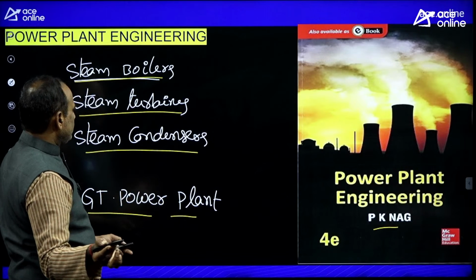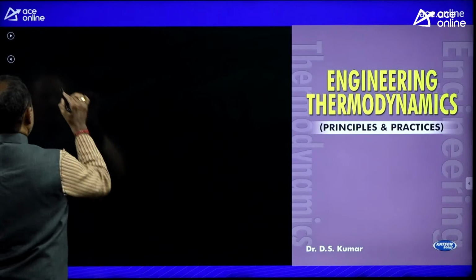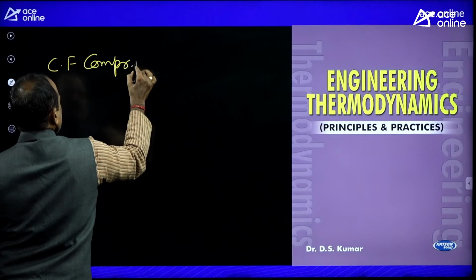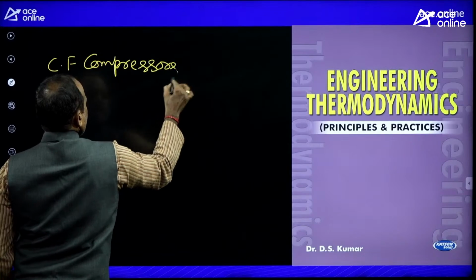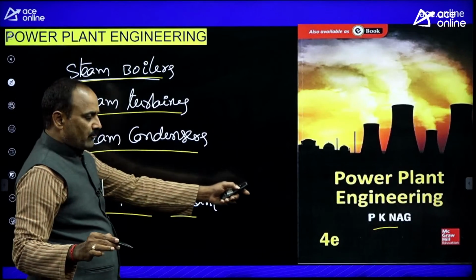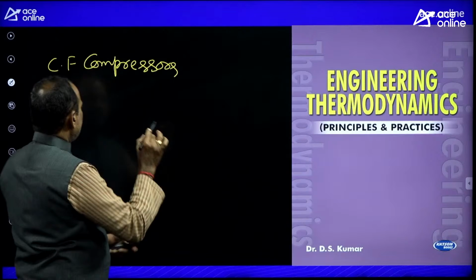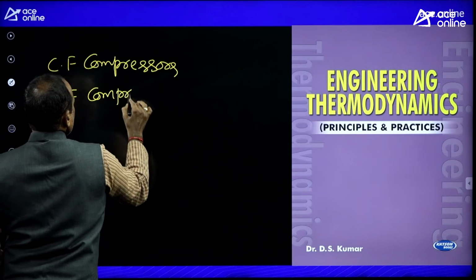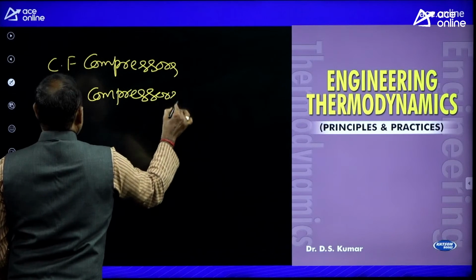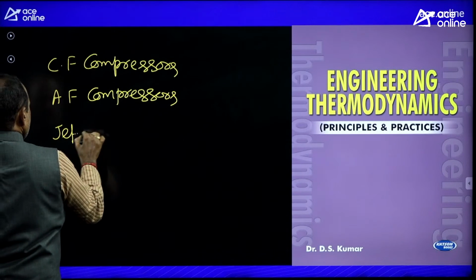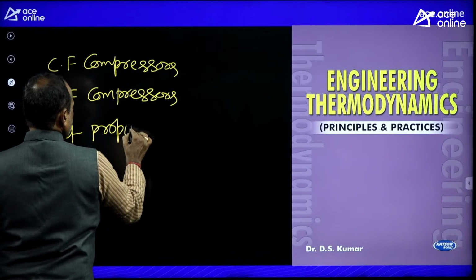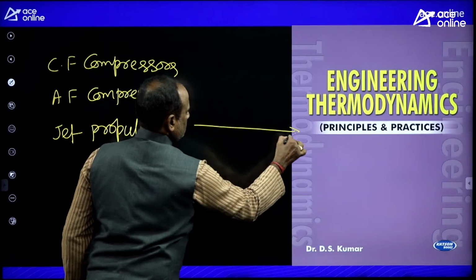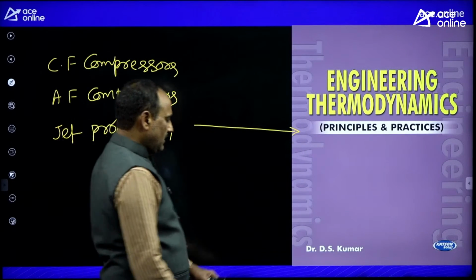In addition to this, there are other topics like centrifugal compression. Centrifugal compressors part is not available in Power Plant Engineering by P.K. Nag. So centrifugal compressors, axial flow compressors, and jet propulsion system, you try to practice from this textbook, Engineering Thermodynamics by D.S. Kumar.